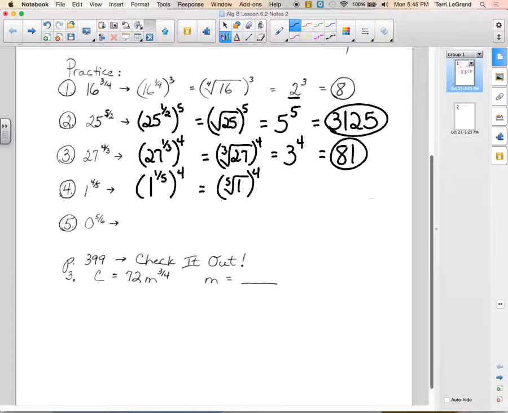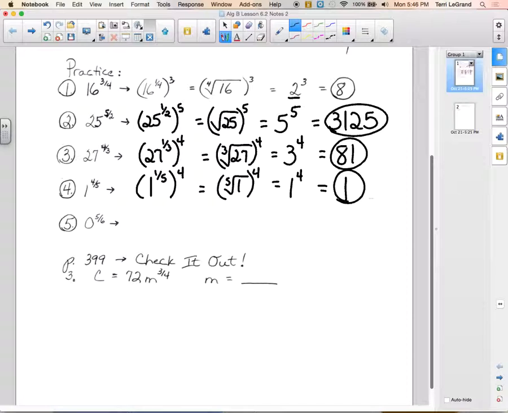Well, what times itself 5 times is going to give you 1? 1 itself. And that 1 has to be taken now to the 4th power. So we're going to get 1 to the 4th power. 1 times itself, no matter how many times you keep multiplying it, you're going to get 1.